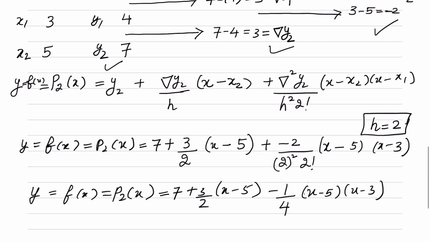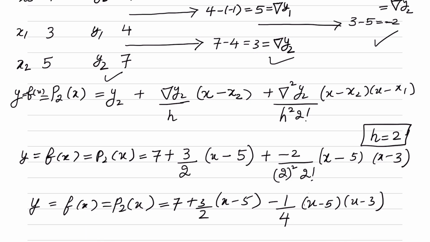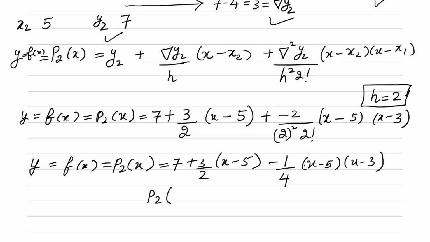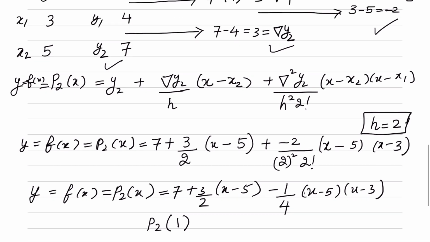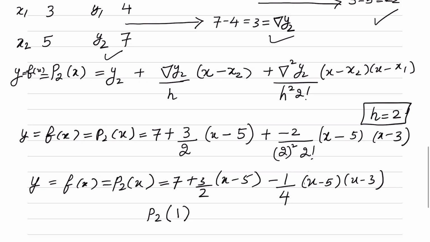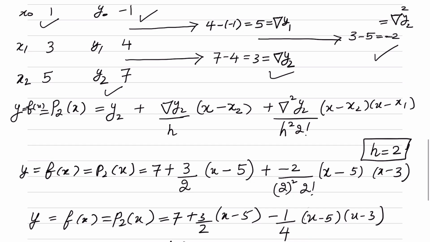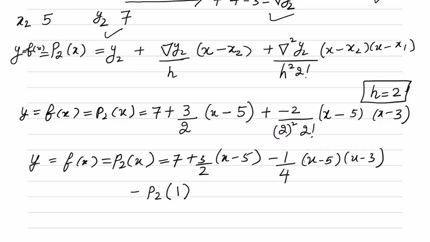In this polynomial, if in the place of x you plug x equal to 1, you should be getting y as minus 1. Let's see if it is so. If in the place of x you plug 1, you should be getting the value of y, which is minus 1 in the data. So let's see if we get the y value as minus 1. 7 plus 3 by 2 into 1 minus 5, minus 1 by 4 into 1 minus 5 into 1 minus 3.